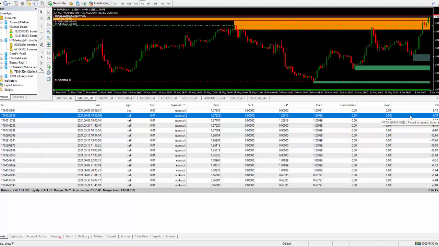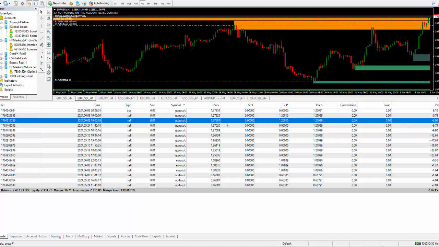And if you look at expert advisor ID is 2, and if you look at expert advisor on this, it should be 1, I think. It's 2. It's 2 also.